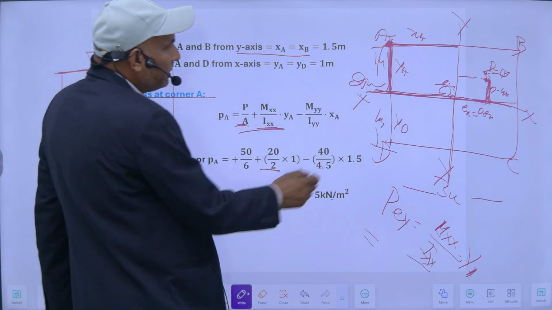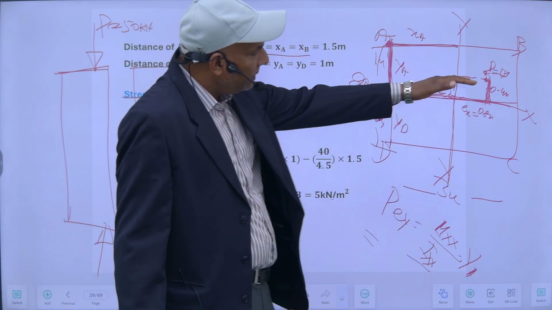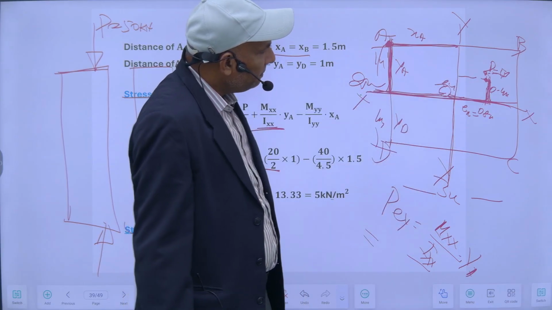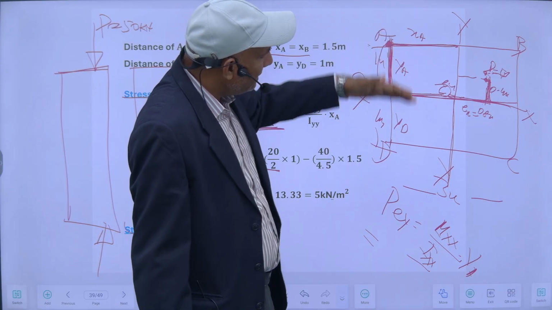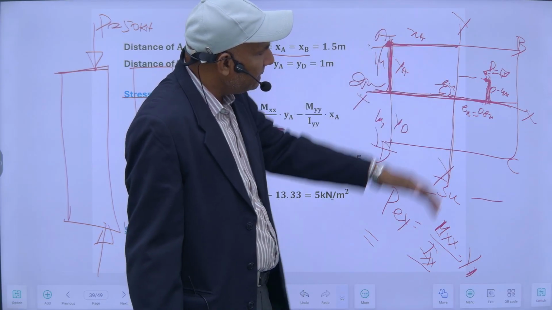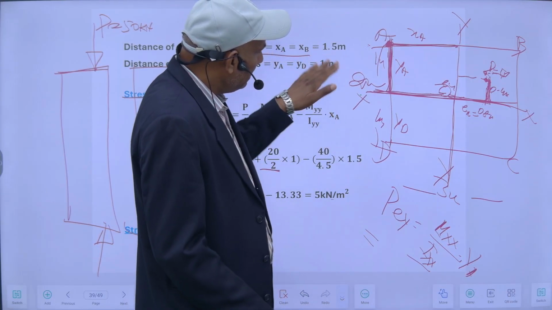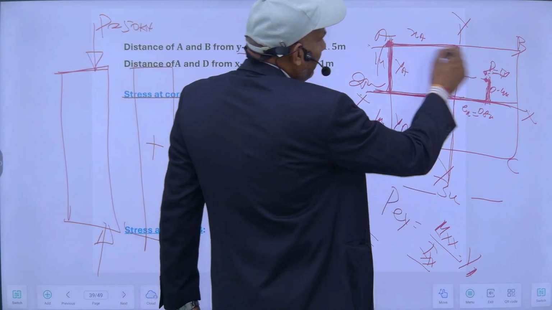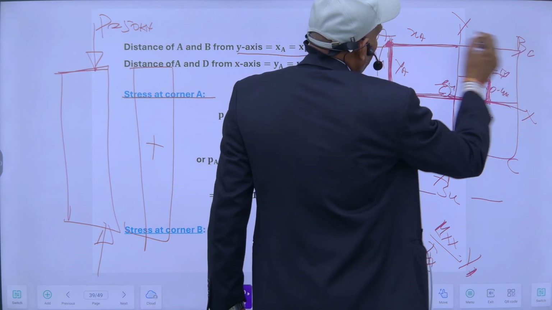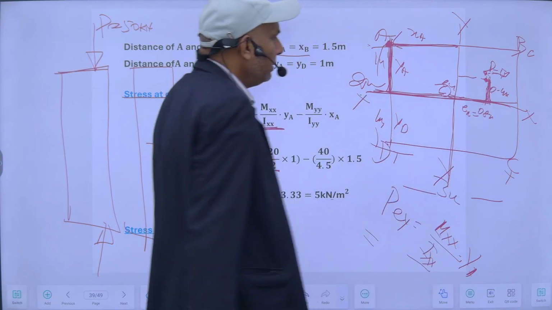So this will give stress. About this axis, the effect of this load will be to create compressive here and tensile here. The effect is like this. So there will be compressive here and here, and it will create tensile on this corner.